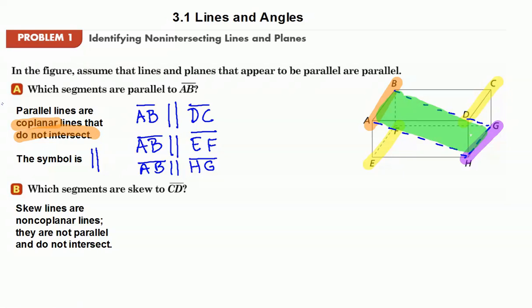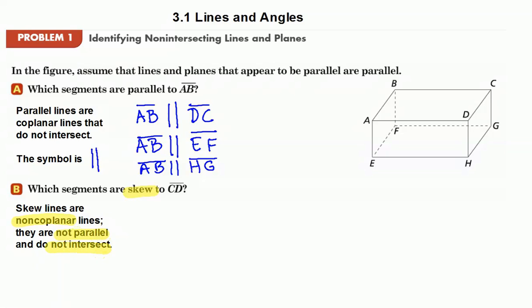Skew lines are a little bit difficult to explain. So for part B, which segments are skew? Skew lines are lines that are non-coplanar, so they're not on the same plane, and they are not parallel, and they do not intersect.